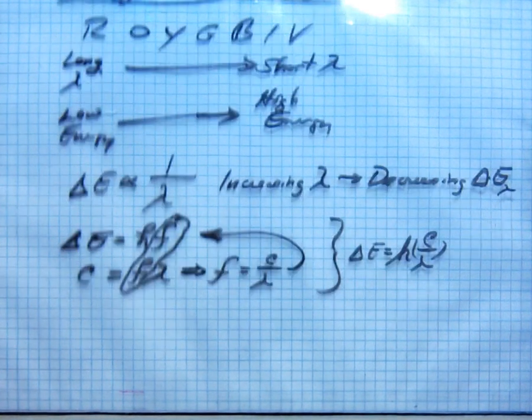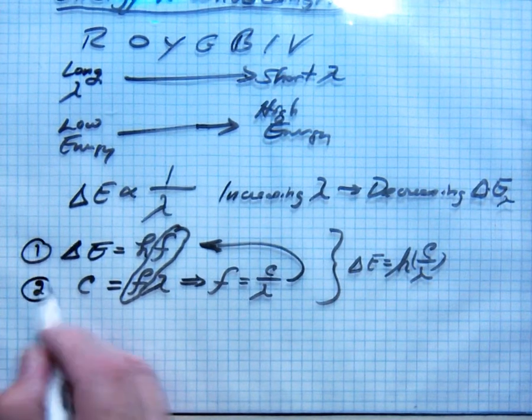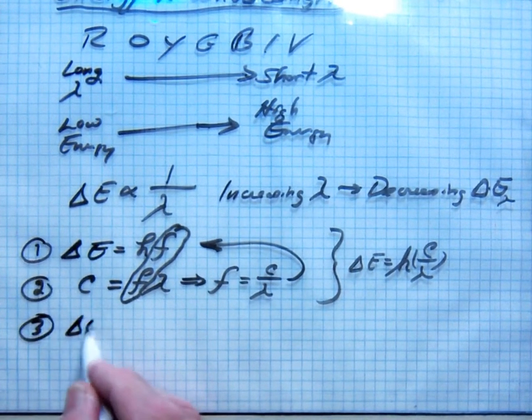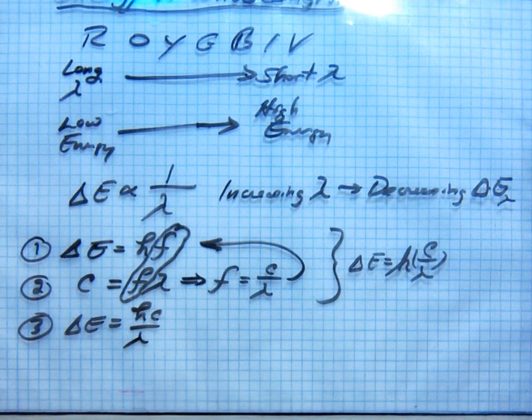So your third equation is delta E equals HC over the wavelength. Now C, of course, is a constant. H is a constant. And so that leaves us only with the wavelength value, and you must convert that to meters. All right?